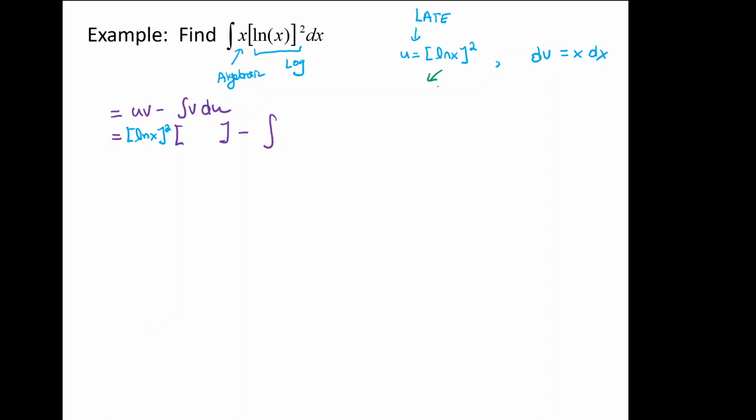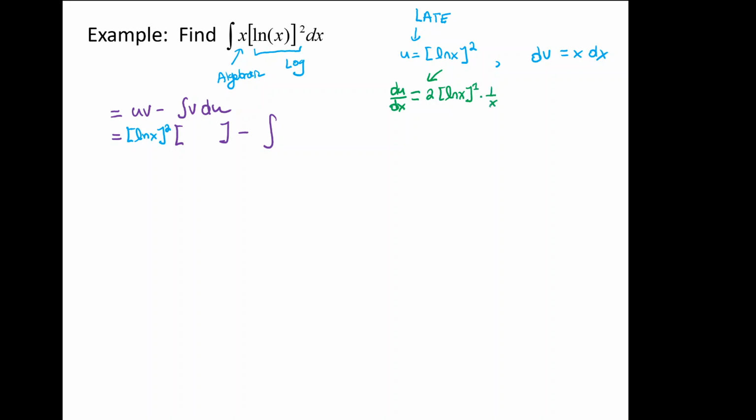So for the u part, when I take the derivative with respect to x, guess what we need to use? We need to use a chain rule. This is a function to the power of 2. The 2 is going to come down. We're going to have our function to one lower power. So ln of x to the power of 1, multiplied by the derivative of the inside.